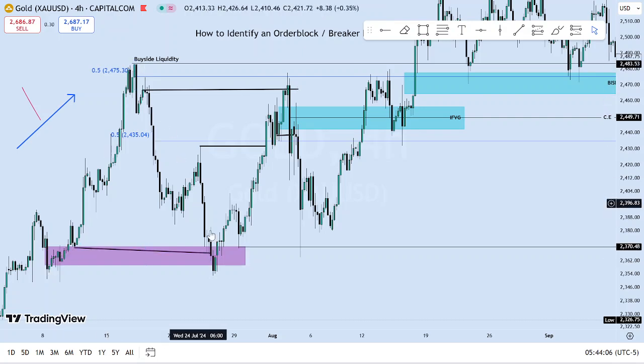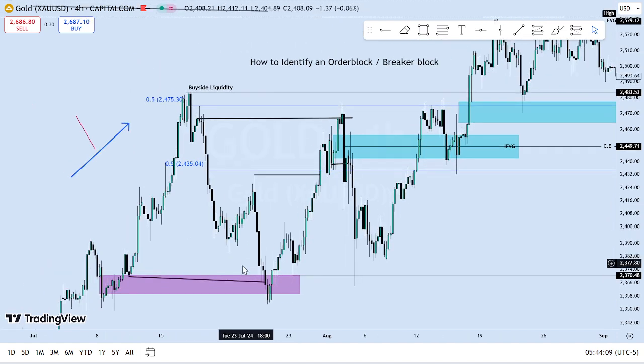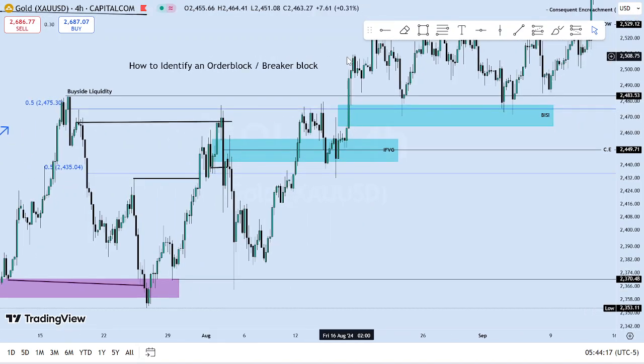Then we break down, we sell off. Coming up there again, this high is higher than this, until we break above it and create a fair value gap.